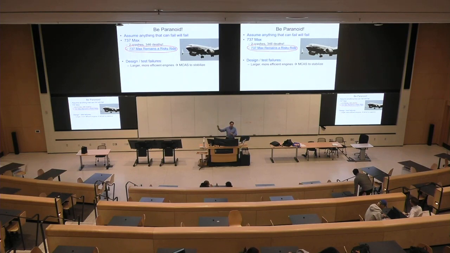One way you can deploy those is design an entirely new airplane where you shift where the wings are on the fuselage, and the larger engines fit. Boeing didn't want to do that because it takes literally many billions of dollars and many years, and they didn't want to fall behind their competitors.